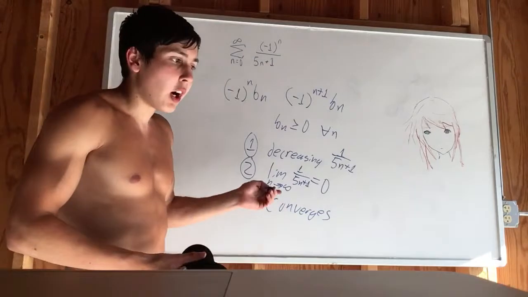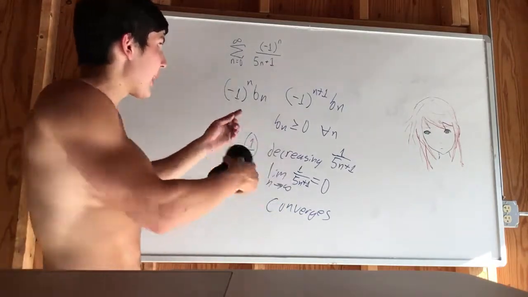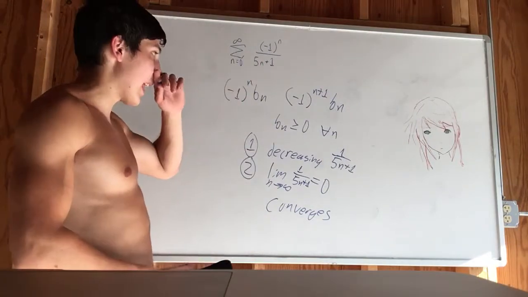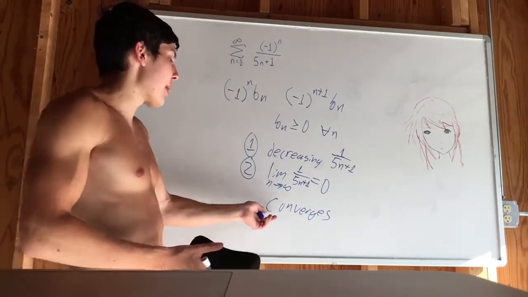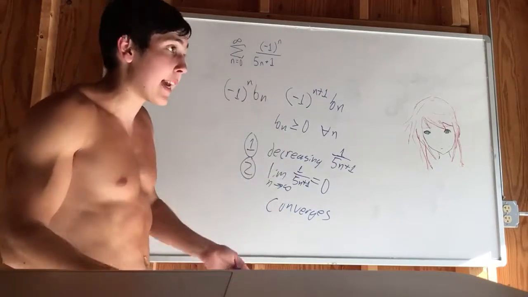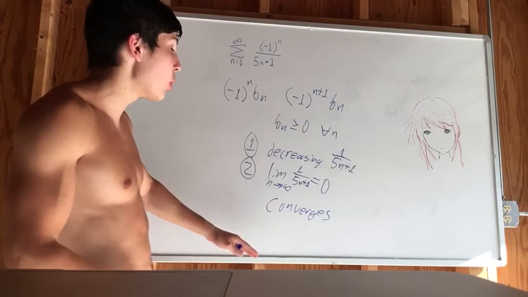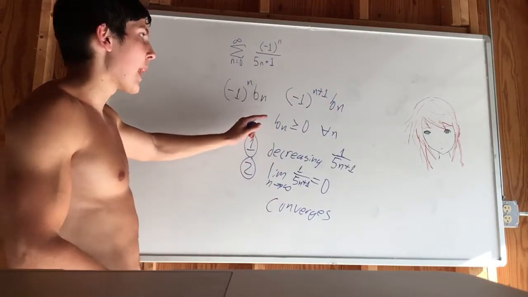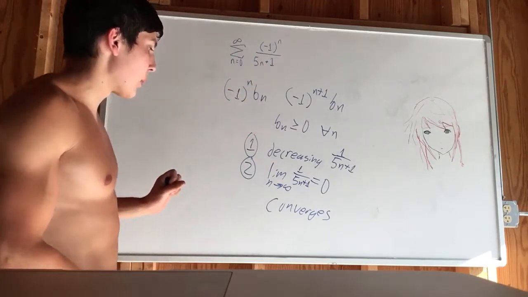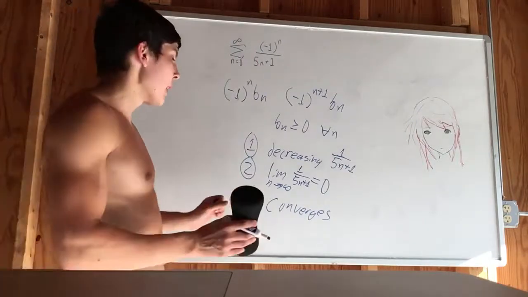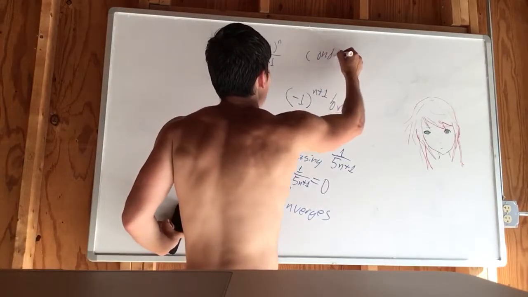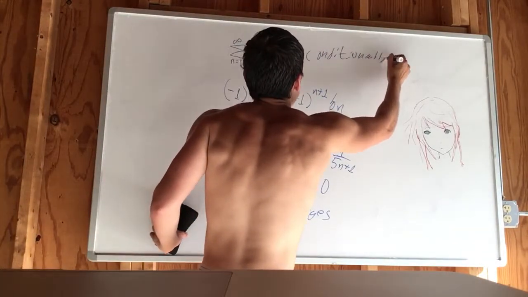But remember, we showed at first that it doesn't absolutely converge, because when we took the absolute value, it diverged. So we still had to go to step 2, in which we don't take the absolute value and use another test on the entire series. So that means our series conditionally converges.